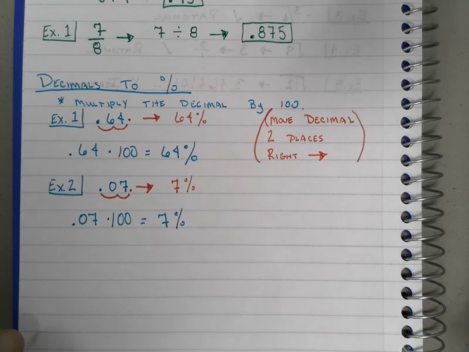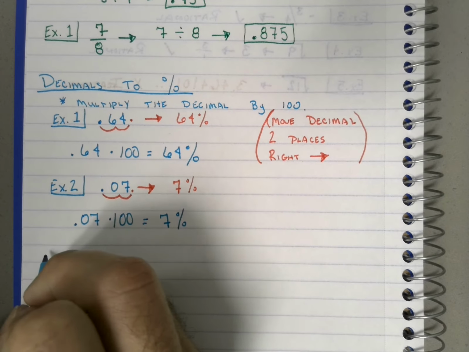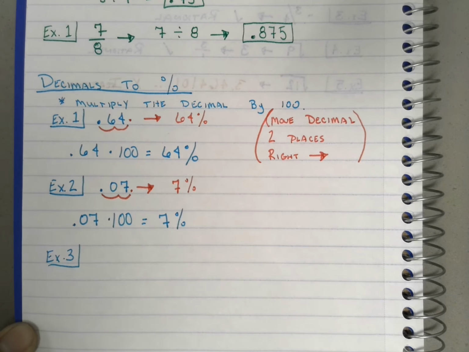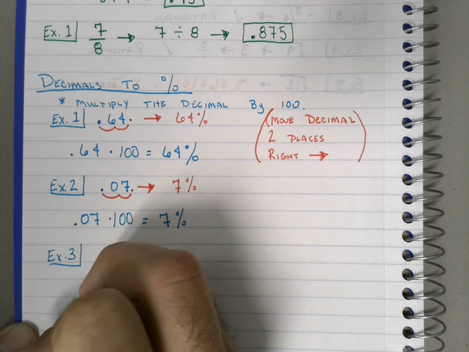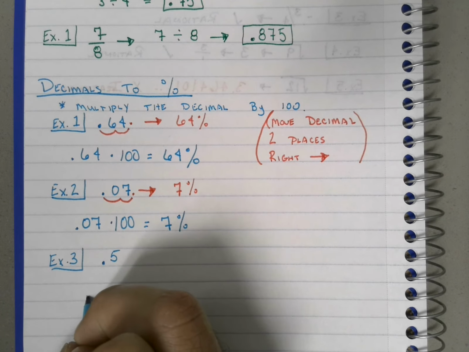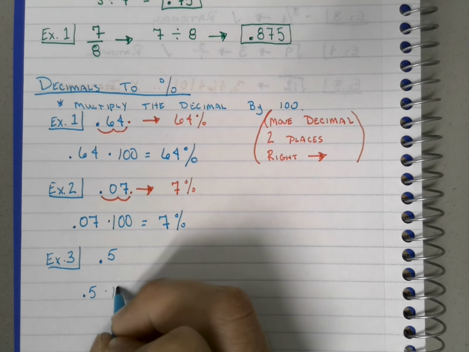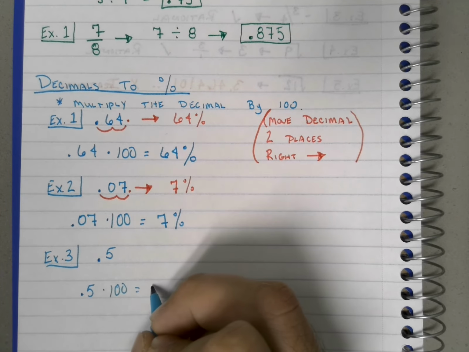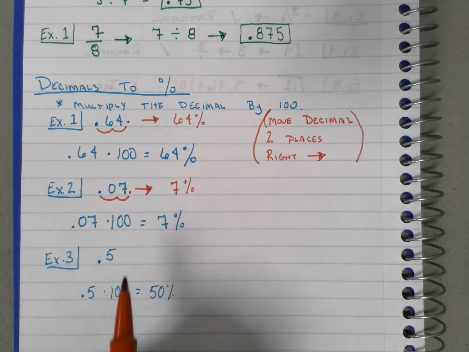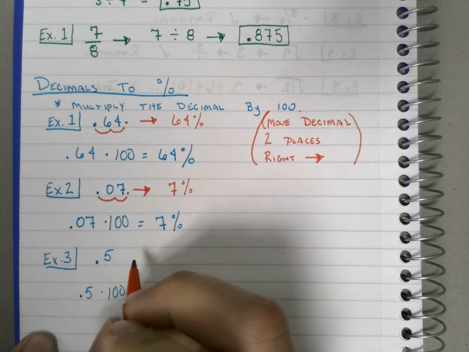Now let's look at another one that's kind of tricky that gets a lot of people. Let's say if I have 0.5. All right, so we can either do 0.5 times 100. If you put that in your calculator, that will give you 50%. But if you're one of those people to move it 2 places, I get this all the time.